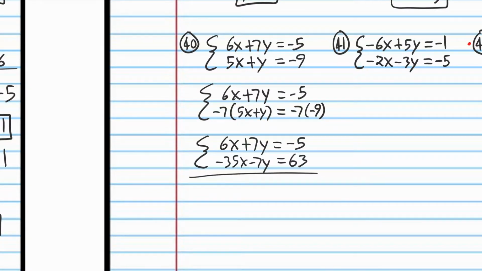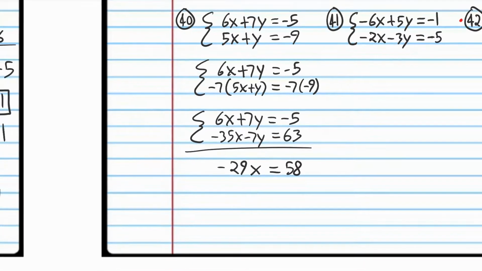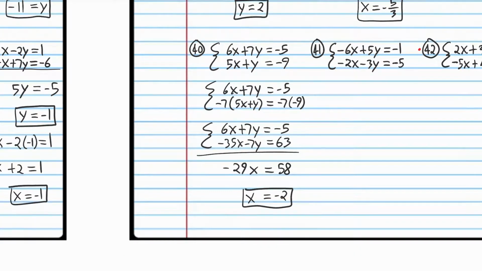Add them together and you get -29x is equal to 58. And let's see here. If you divide 58 by -29, that should be -2, I believe. Yes, that's -2.